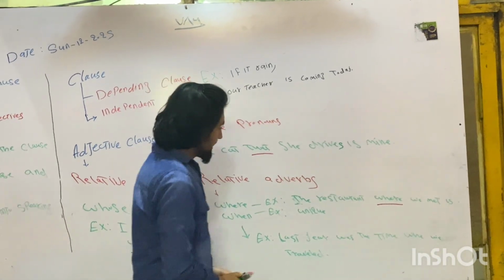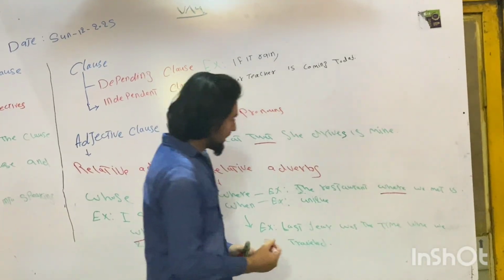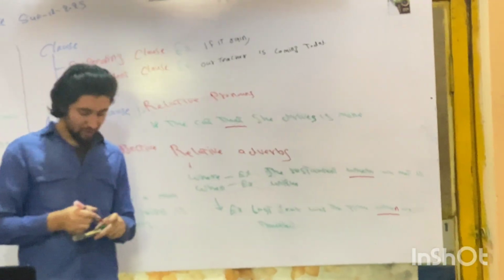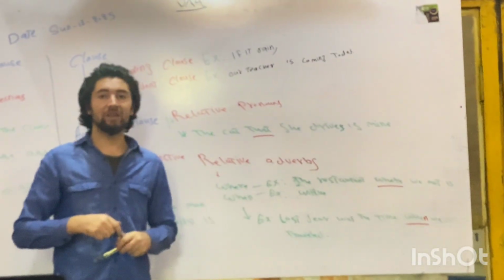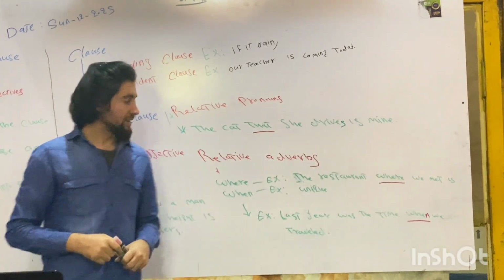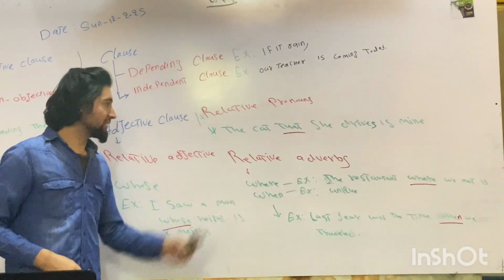So last year is the time. When refers to the time. That means last year is the time when we met or when we traveled. Okay, that's an example for relative adverb.